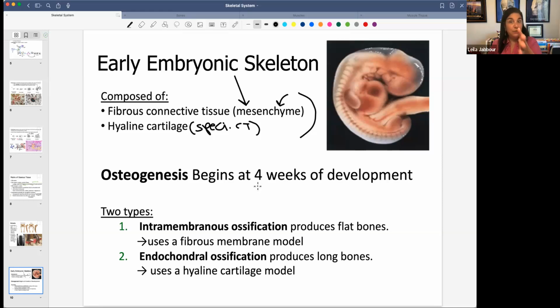If you don't have your period, then you're pregnant. And 2 weeks later, that's already 4 weeks of development. So at that point, the embryonic skeleton starts turning from cartilage into bone. And it's fascinating.